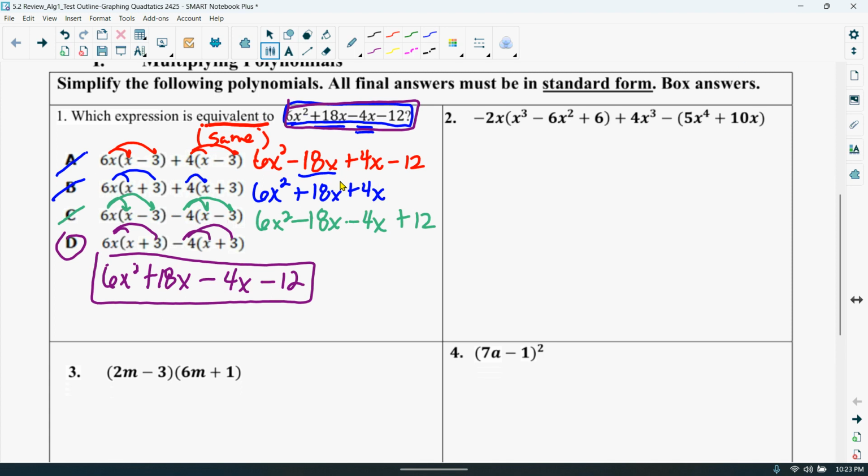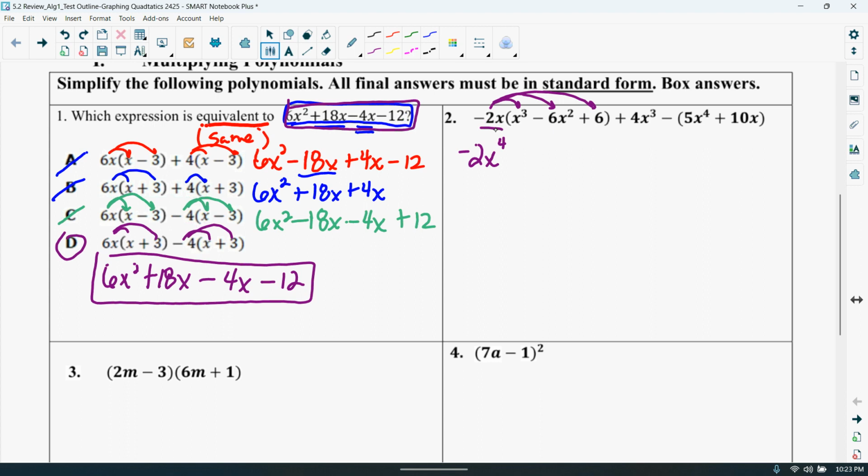On problem number 2 here, I'm just going to get you started. I want you to finish the problem. I will post a partial key for you to check your answers. On number 2, you need to distribute this negative 2x to each term in the first set of parentheses. So this becomes a negative 2x to the 4th power. You have to remember there's an invisible 1 on that x.